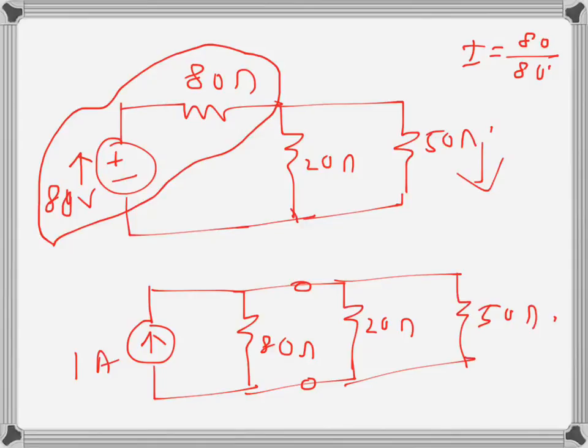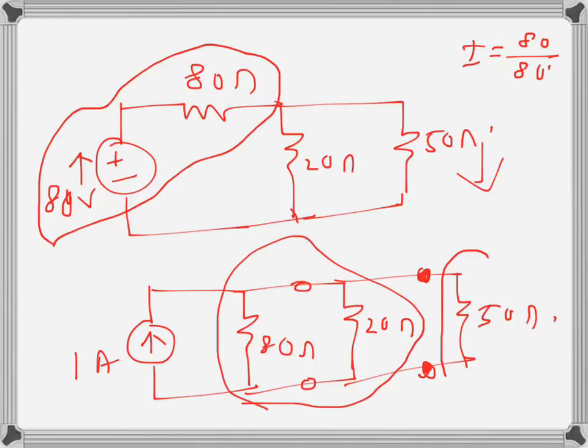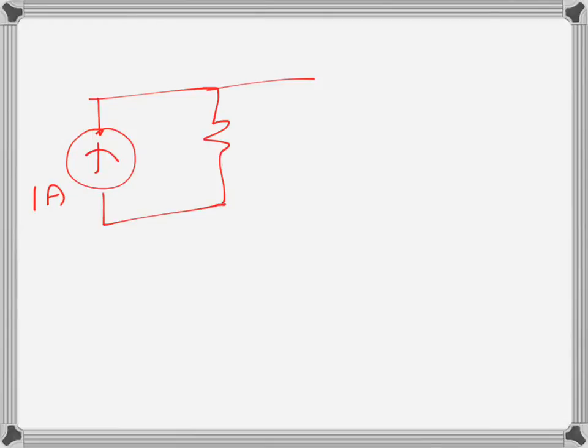Now we cannot change anything from here; up to there we can do whatever we like. We can see that these two resistances are in parallel, so we will find the equivalent resistance. Here we have 1 ampere, and the parallel of 80 and 20, and this will be 50 ohms here.